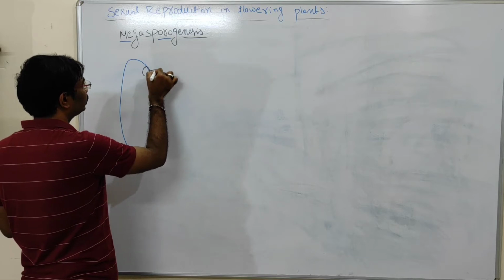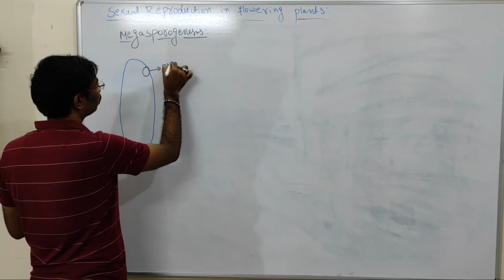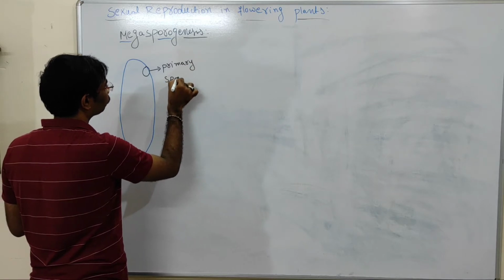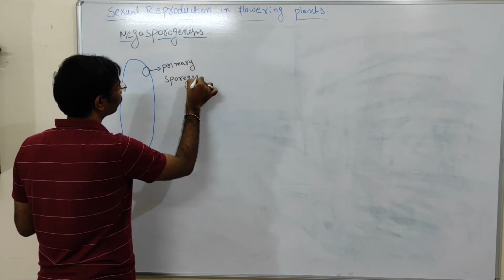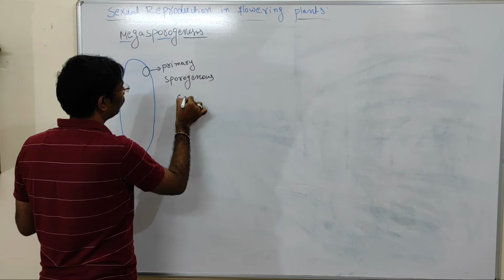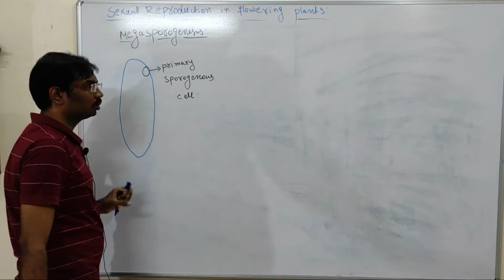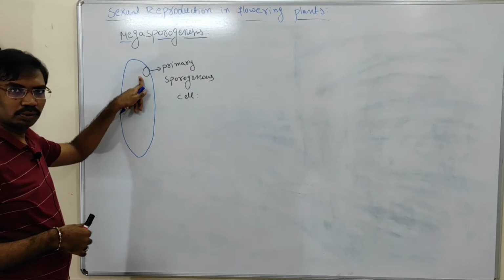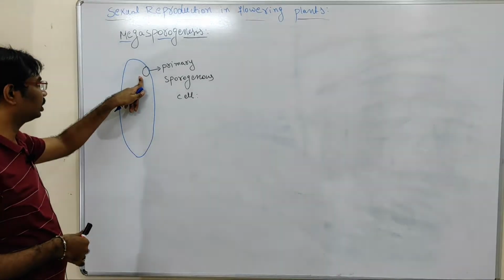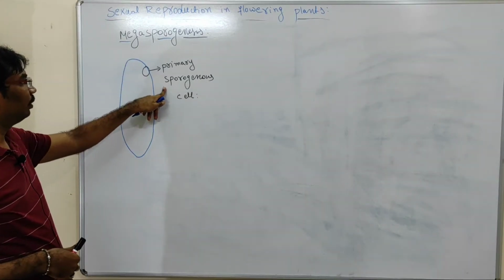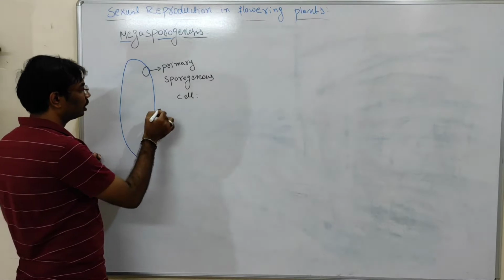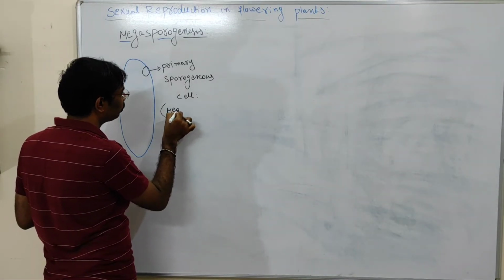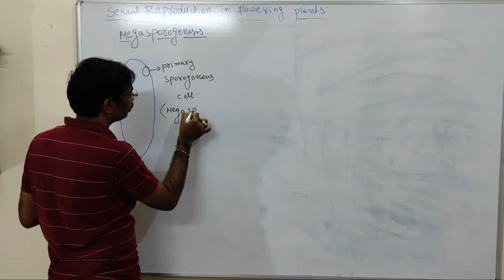The ovule contains the primary sporogenous cell, which is present in this location. The primary sporogenous cell behaves like a megaspore mother cell.